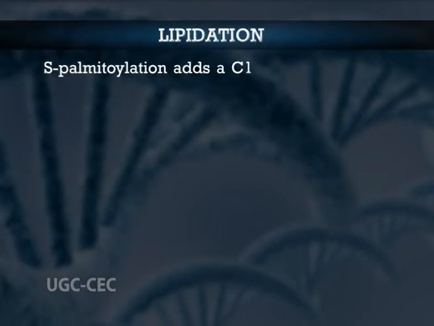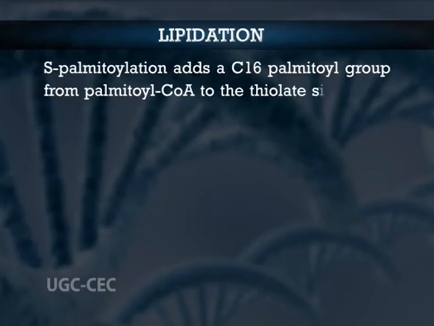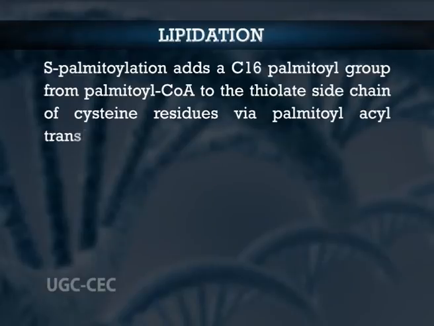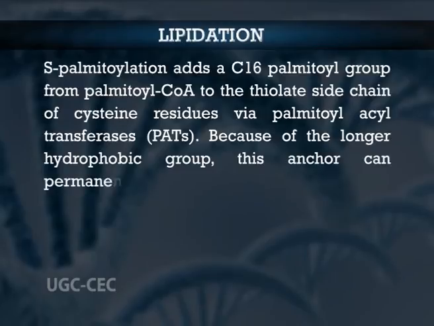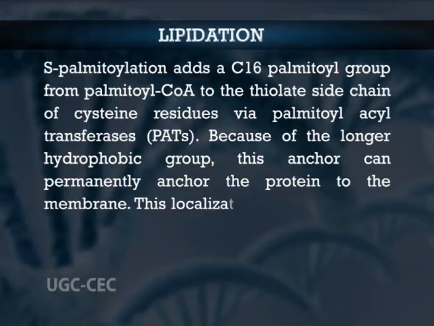S-palmitoylation adds a C16 palmitoyl group from palmitoyl coenzyme A to the thiolate side chain of cysteine residues via palmitoyl acyl transferases. Because of the longer hydrophobic group, this anchor can permanently anchor the protein to the membrane.